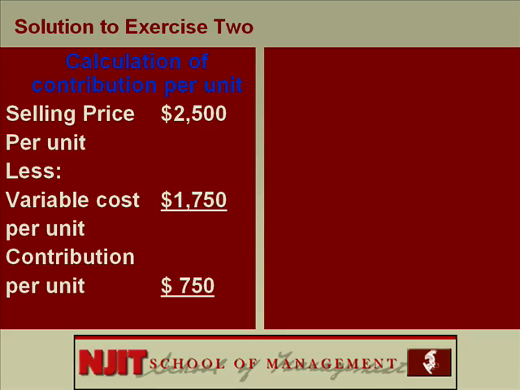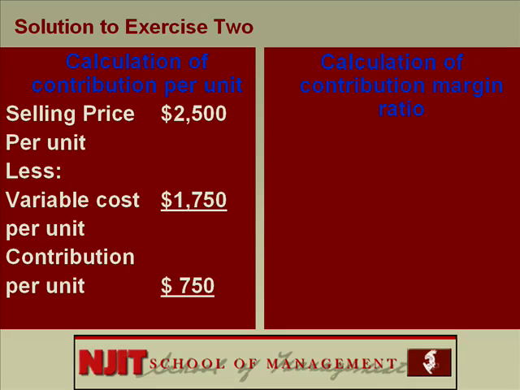The next step, irrespective of whether they ask you or not, figure out contribution margin ratio. So contribution margin ratio is contribution over selling price. You could do it on a per unit basis or in total.